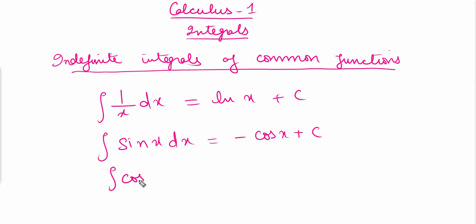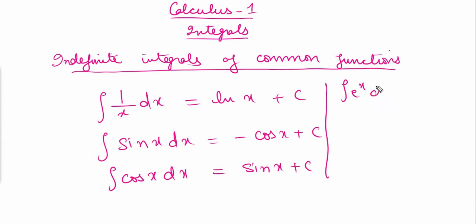Then the integration of cos x will be equal to sin x plus constant. Similarly, the integration of e to the power of x dx will be equal to e to the power of x plus constant. So this is how we can take the indefinite integrals of some common functions.